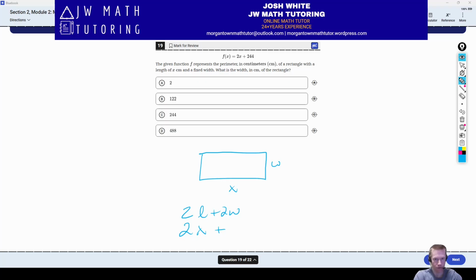So this 244 here represents the 2W part. Therefore, two of the widths together add up to 244, or if you divide this, you should get the width equal to 122. Therefore, the correct answer for this one is just going to be letter B.